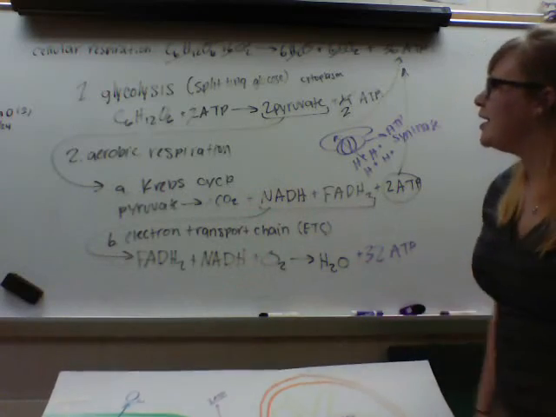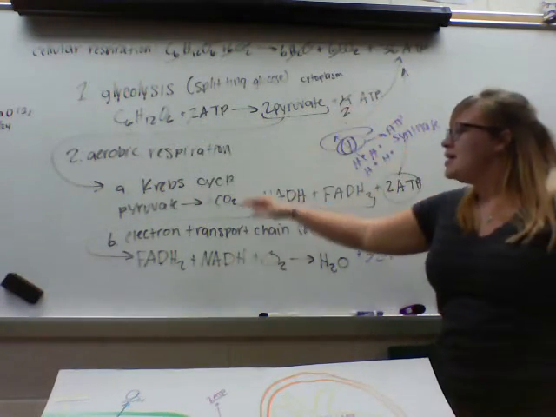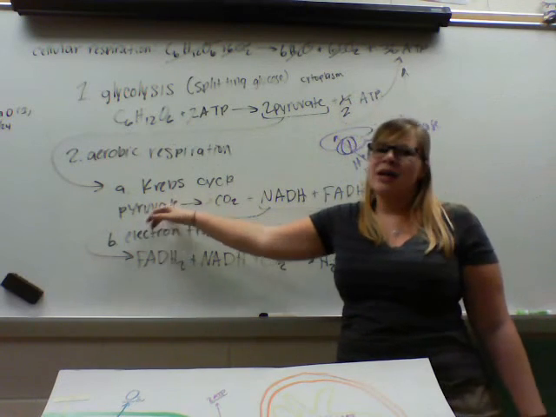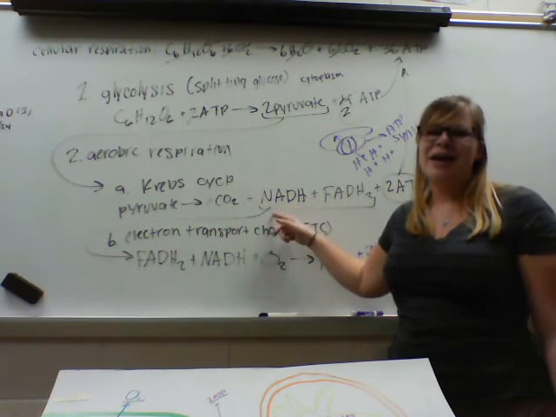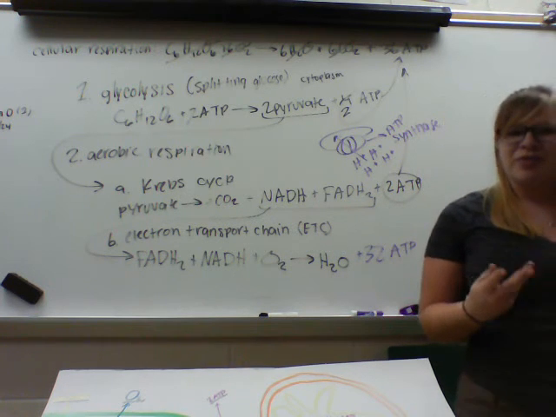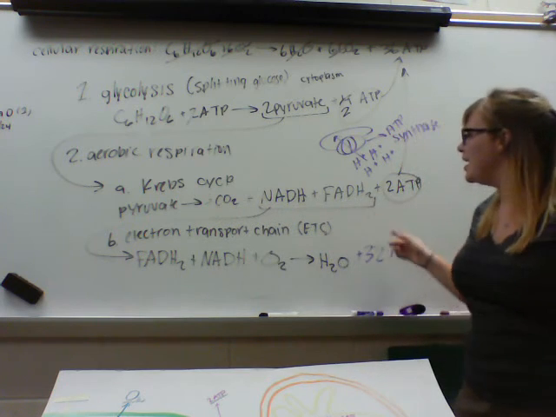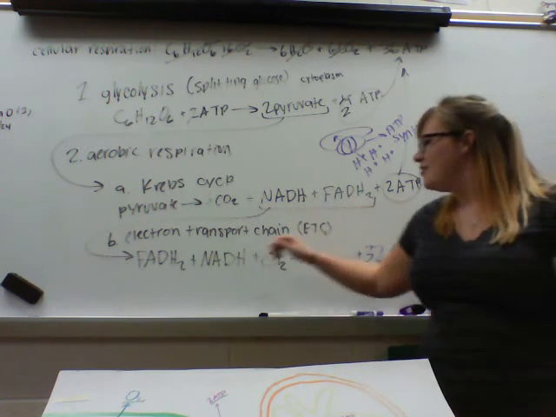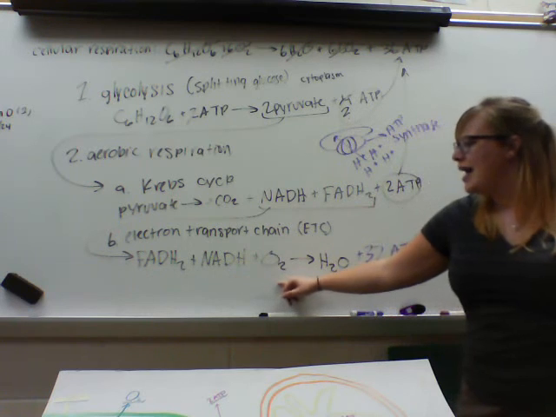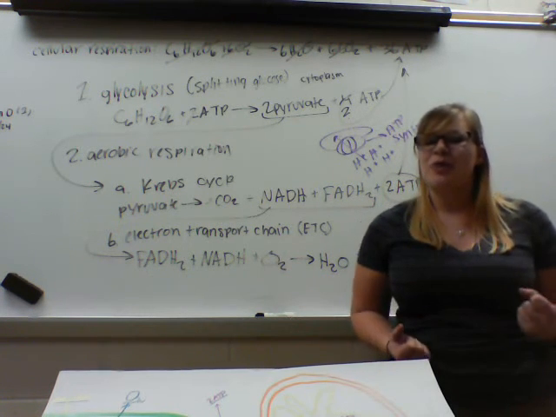So, step 1, input glucose, output pyruvate and some ATP. Step 2, input pyruvate, output carbon dioxide, NADH, FADH2, and some more ATP. That's 4 different things that are produced in this step. That's a lot. Then, step 3, NADH and FADH2 move on. They move down the electron transport chain. They get energy pulled off of them. They get hydrogens pulled off of them.